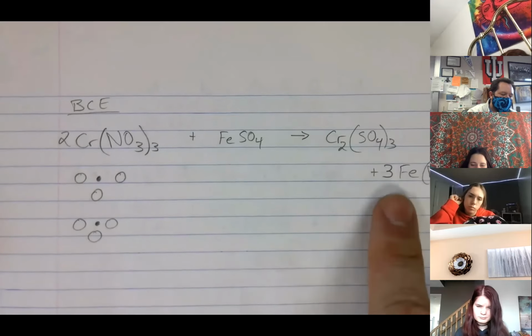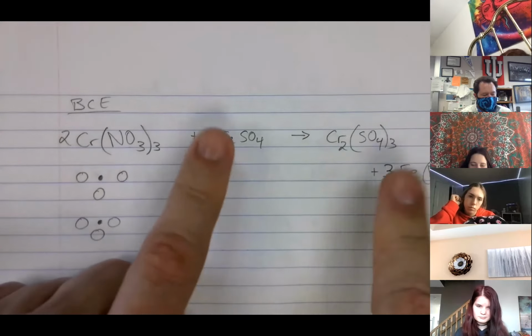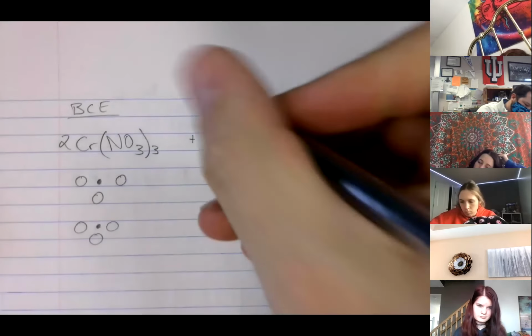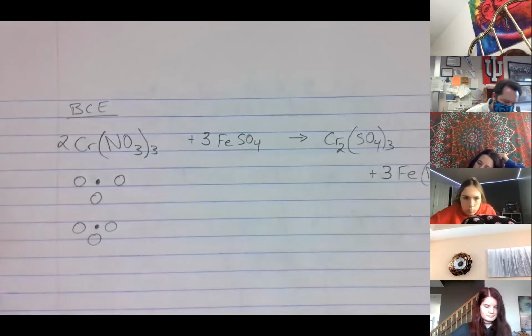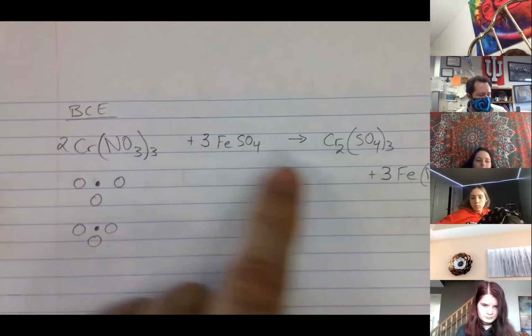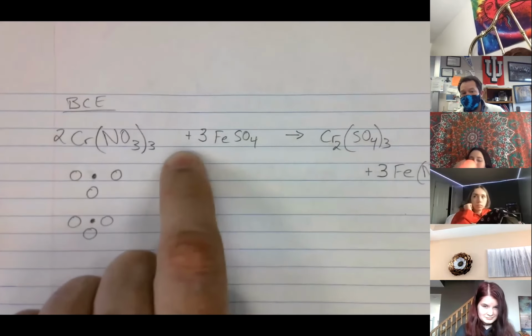Hey, I messed up my number of irons though. Now I've got 3 irons, 1 iron. Well, that's a pretty easy fix. Just put a 3 out in front. Now I've got my 3 irons, and hey, look, that balanced my sulfates also. I have 3 sulfates.